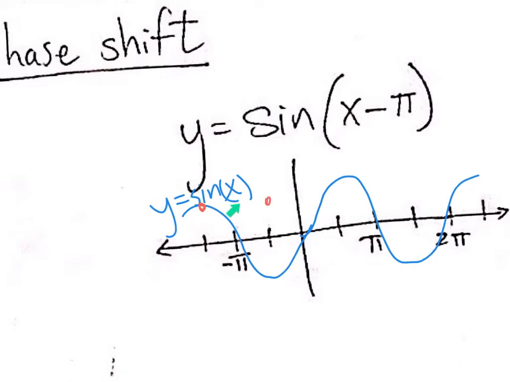So this point would get moved over here, this point over here, this point over here. And if you do that, the graph would end up looking like this. So that's moving the basic sine of x graph to the right by pi.